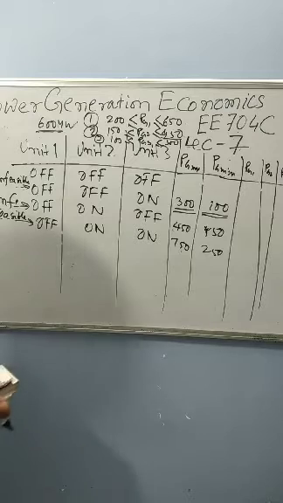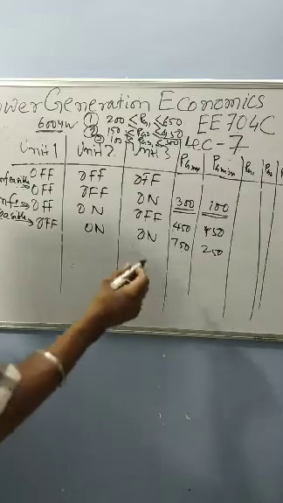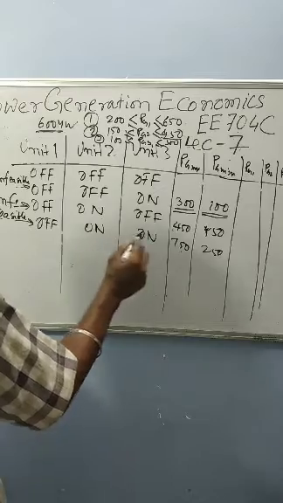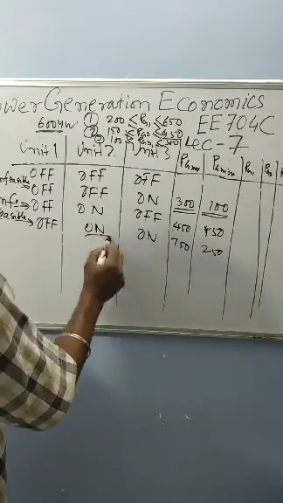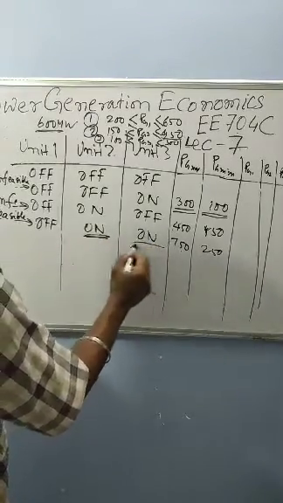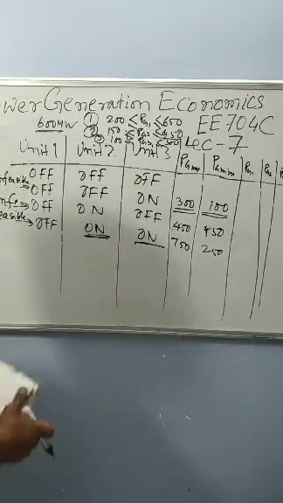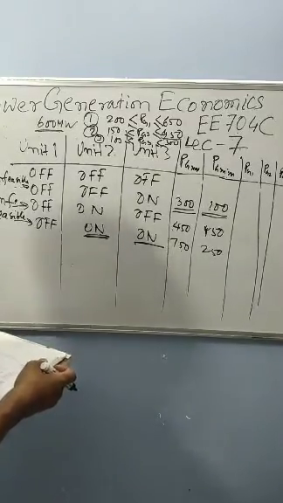And what is the total cost we will be getting? You will be getting a total cost of C2, the cost for the second generator, and the cost for the third generator.